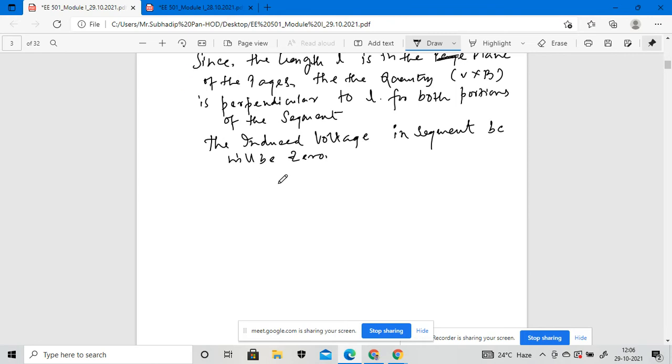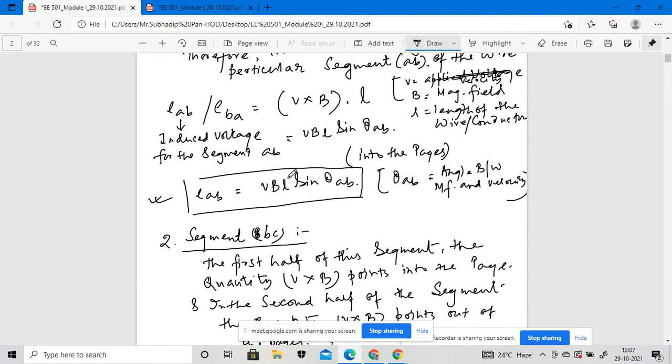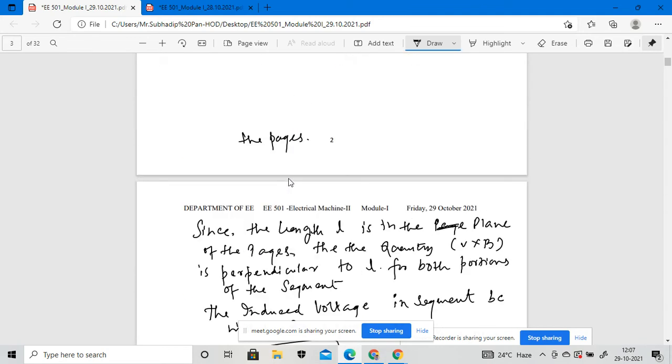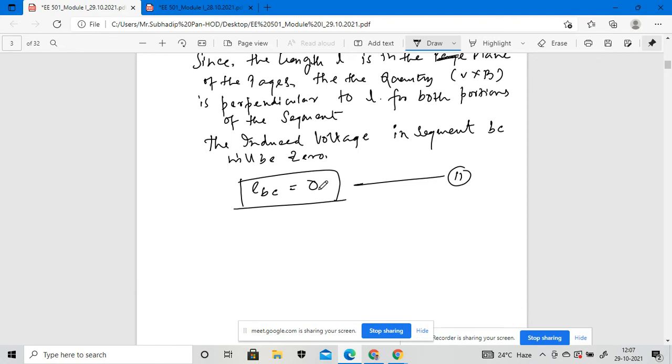It can be written as E of BC equals zero. Suppose this is my equation 2 and this is my equation 1. So we have already found E of AB, and E of BC.